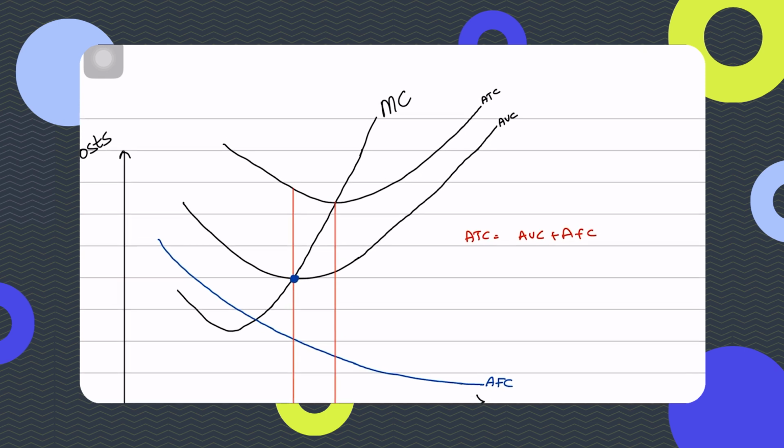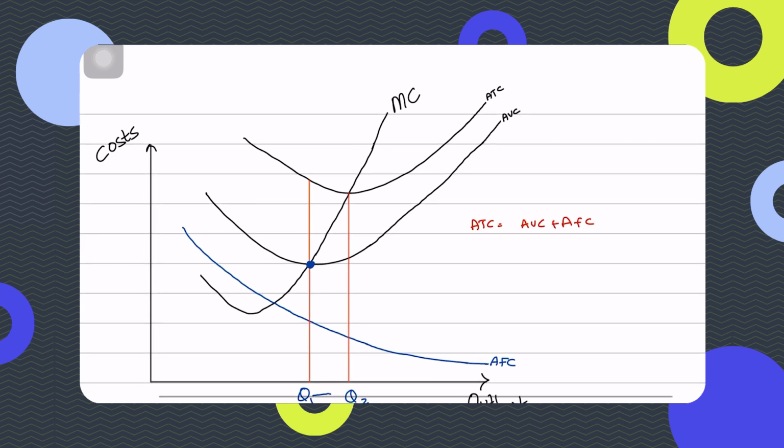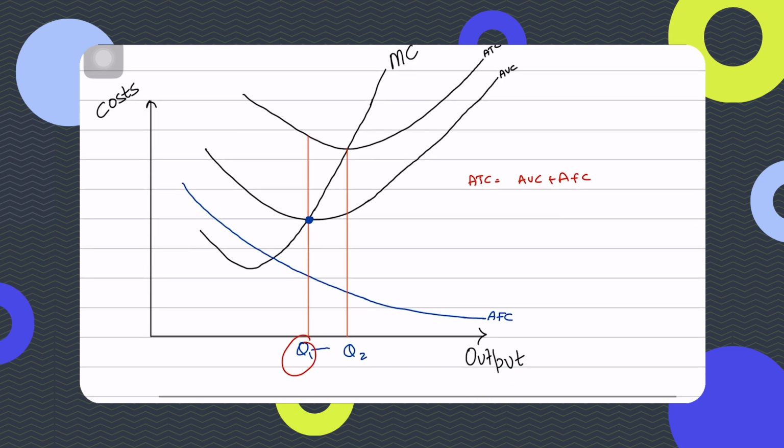At Q1, the average variable cost is at its minimum, and after Q1 average variable cost starts to go up, but ATC is still going down.